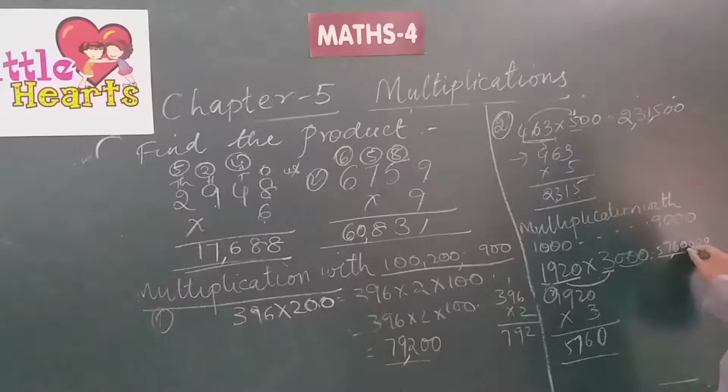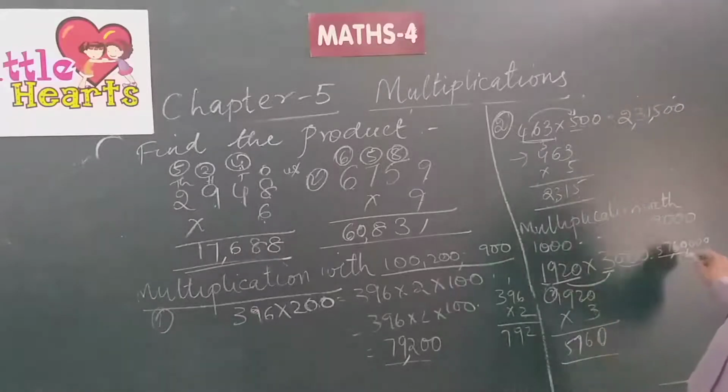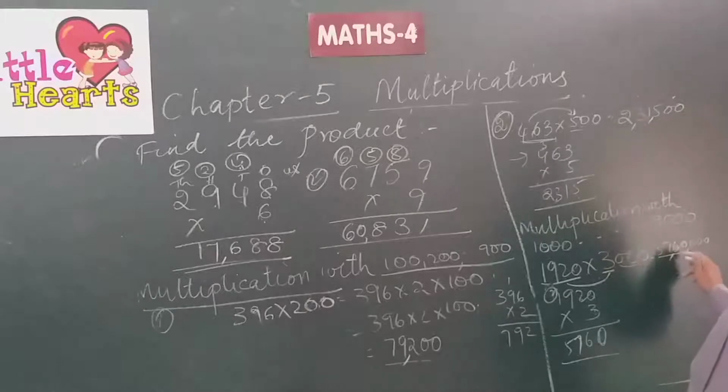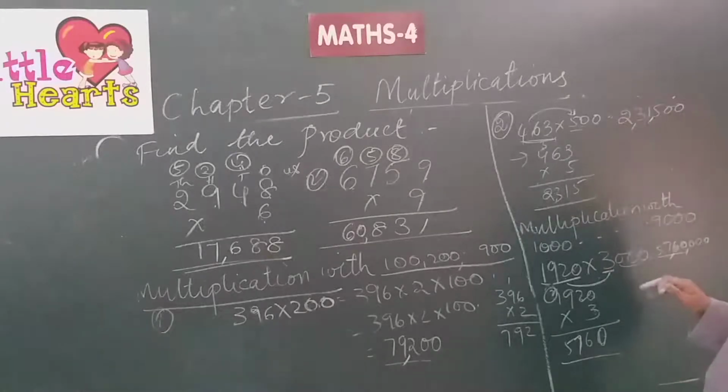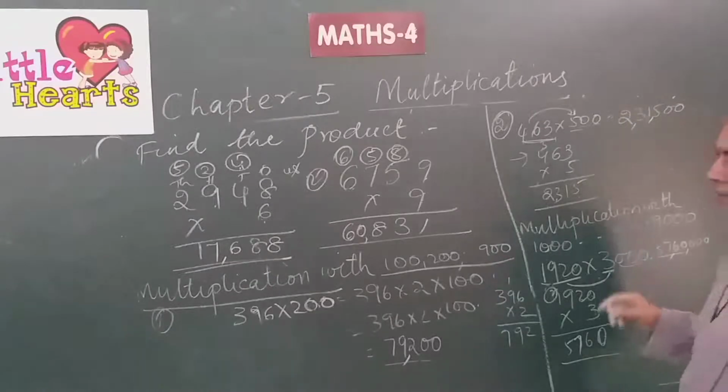Now put commas. 57 lakhs 60,000 is the product of 1,920 and 3,000.